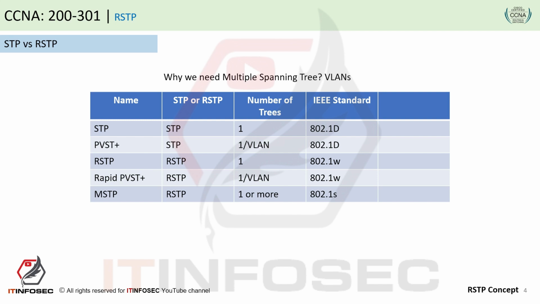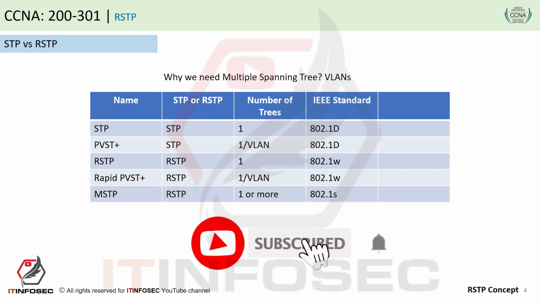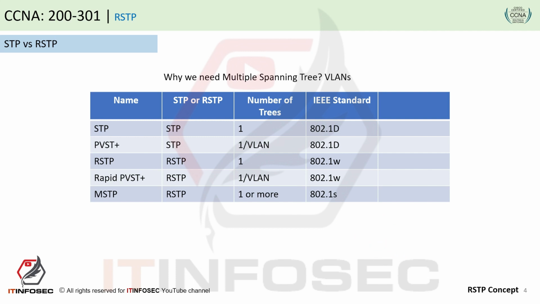RSTP and Rapid Per-VLAN Spanning Tree Plus use different destination MAC addresses for sending hello BPDUs. Both of them are multicast addresses: one starts with 0180, and the other starts with 0100.